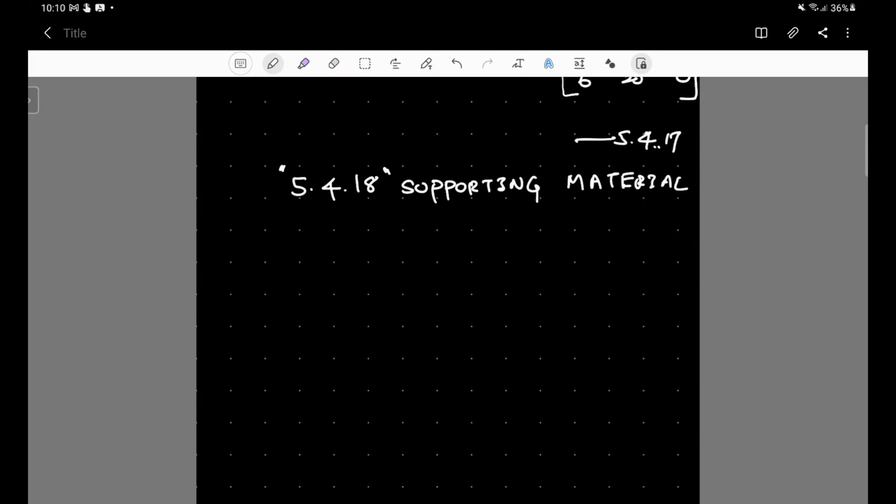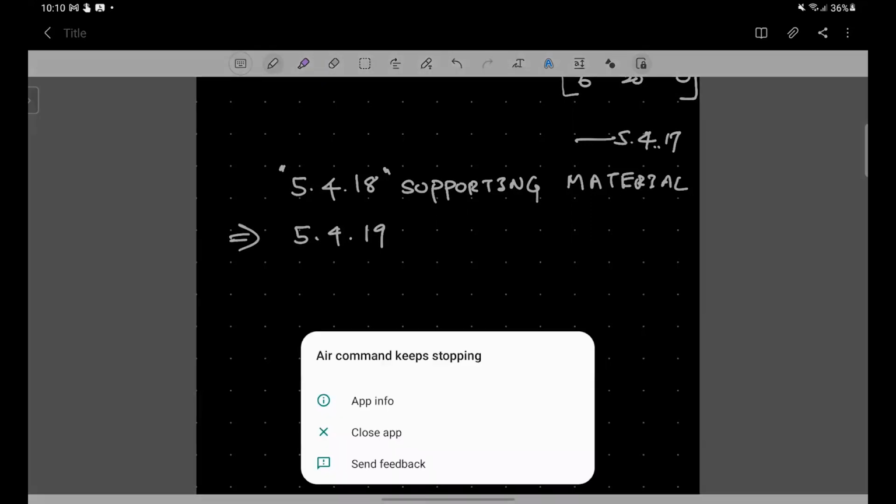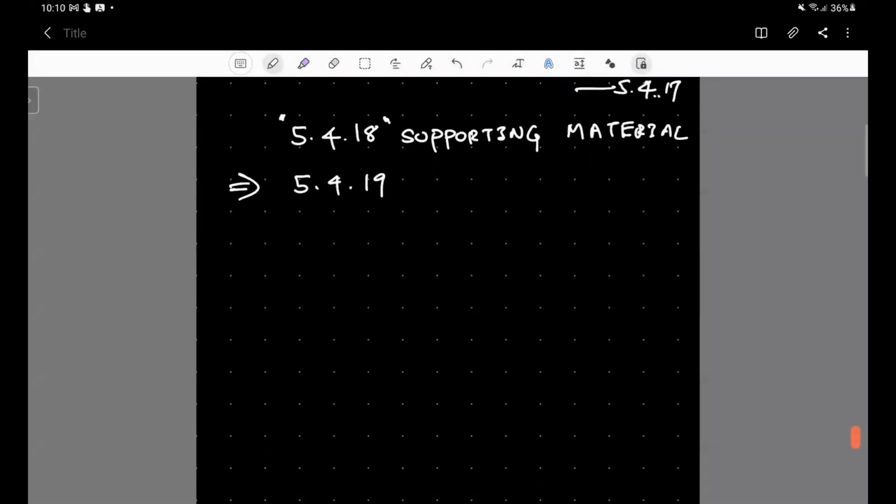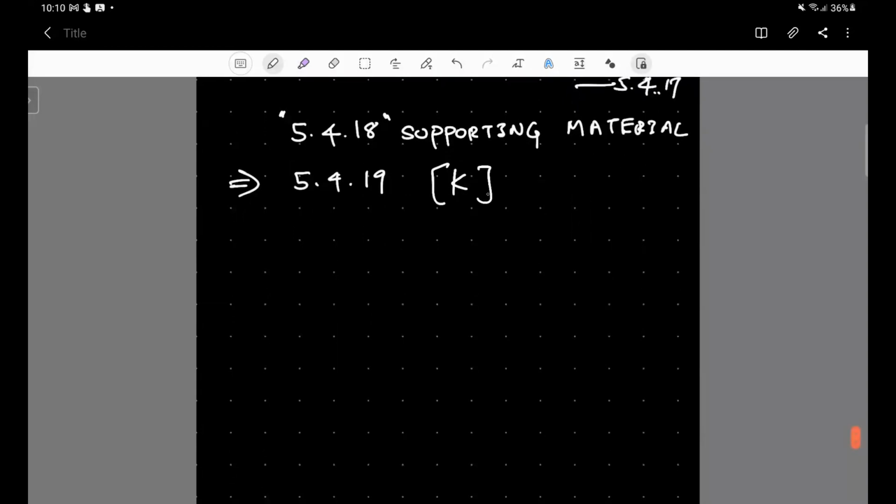And this can be simplified to equation 5.4.19, which will give quite a large 6 by 6 element stiffness matrix for element number 2.